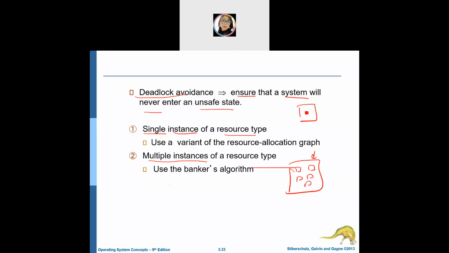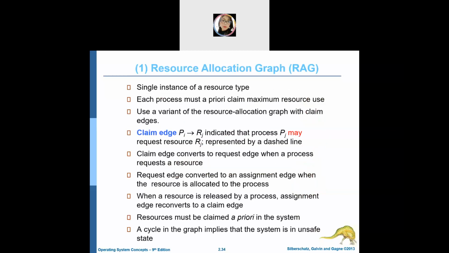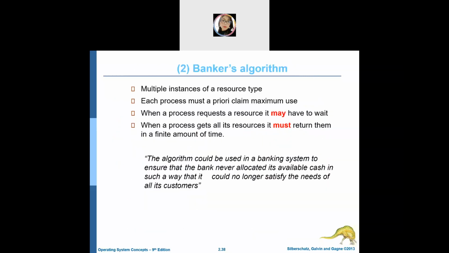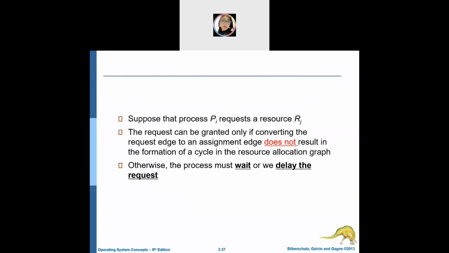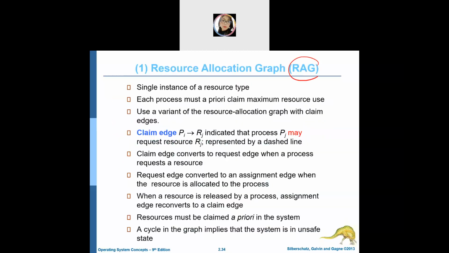Normally, this one is used in the banker's algorithm, and for single instance a variant of the resource allocation graph is used. Let's take a look one by one, which is our RAG first. And after that, we're going to look into our banker's algorithm. These two we can cover easily.